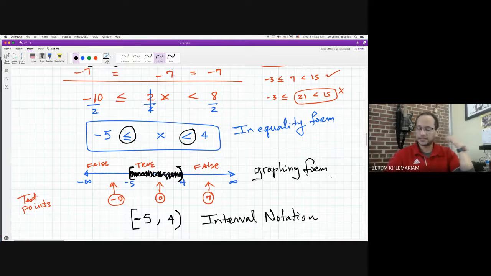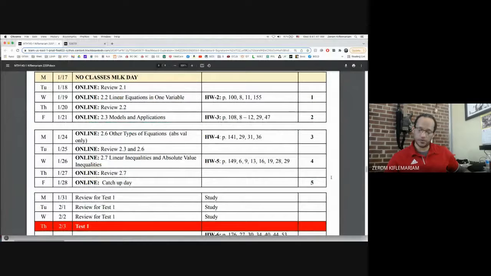All right, I know we're running out of time, so let me just quickly look at the homework assignments before I confuse you. For the homework, we have linear inequalities, which is page 149.